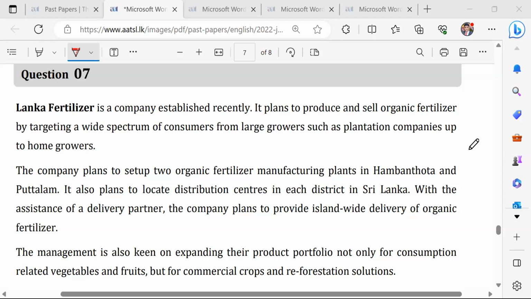I'm going to read another case study in another paper too. First, carefully read this. Then I will teach you how to read this, what to highlight.